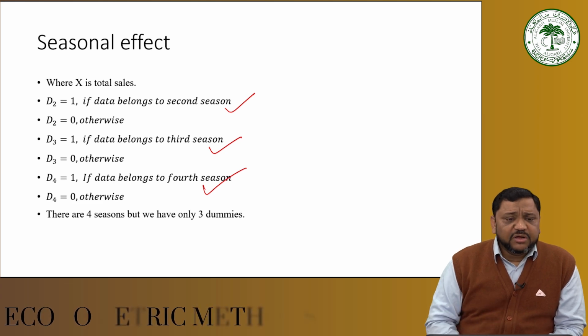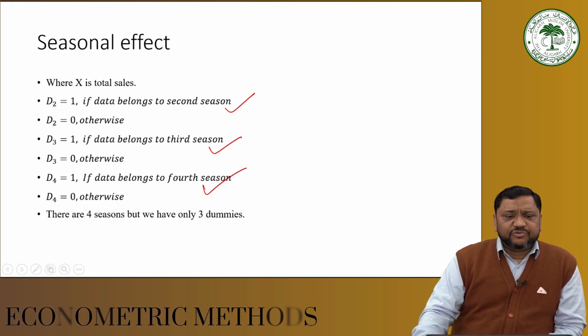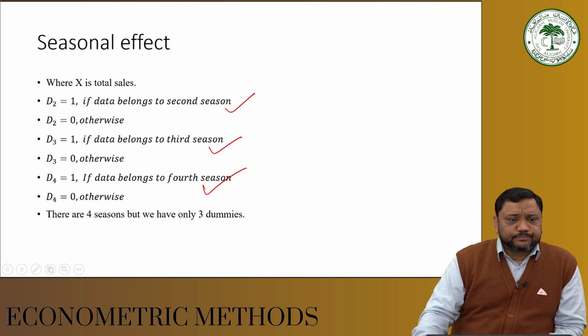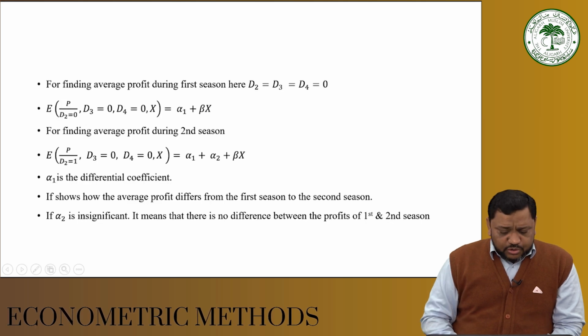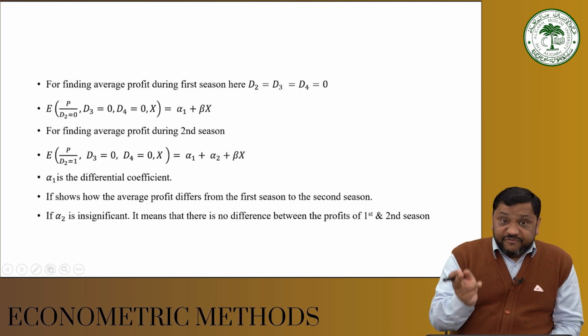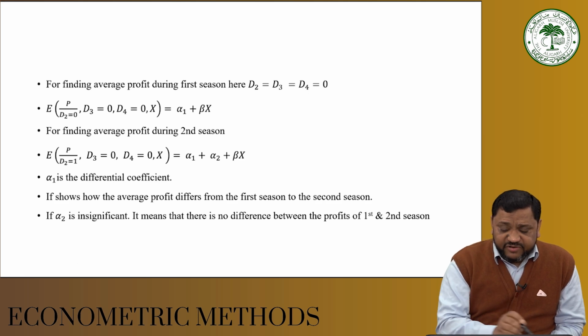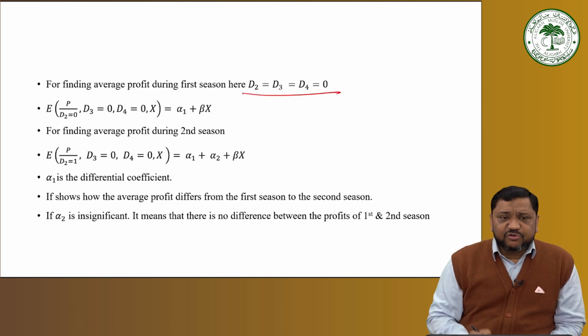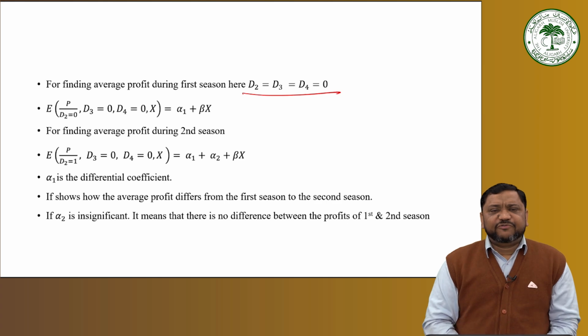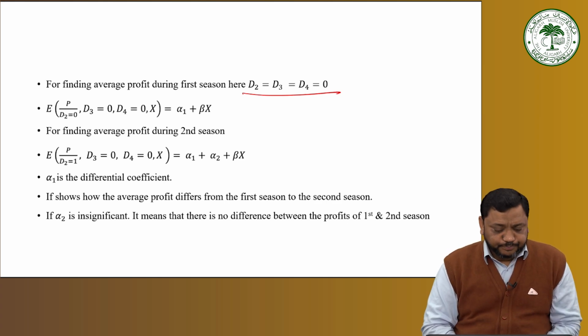If there are 4 seasons, we take 3 dummy variables. For the first season, there is no dummy, which means D2, D3 and D4 are all equal to 0.